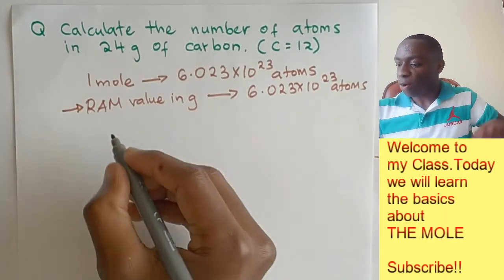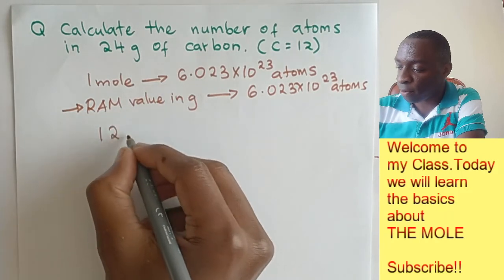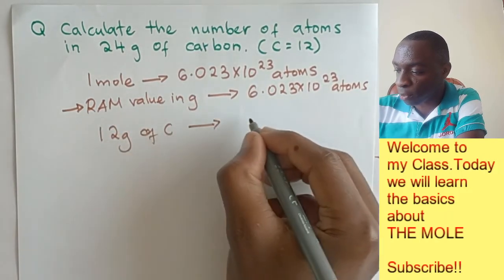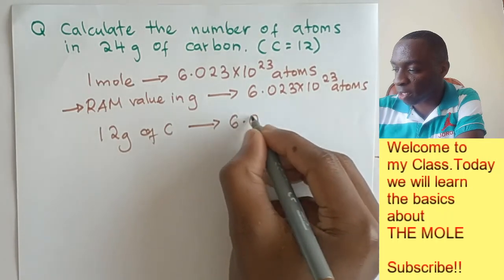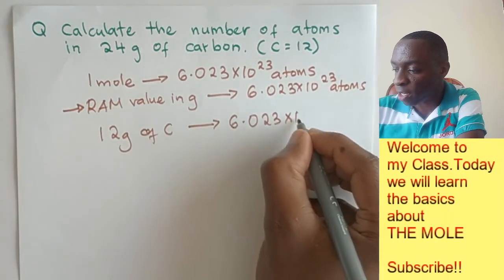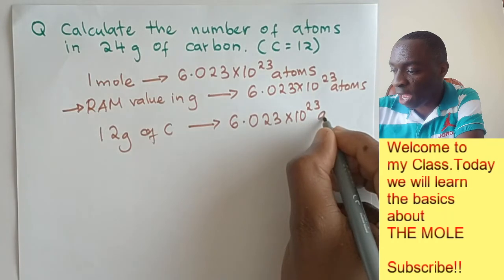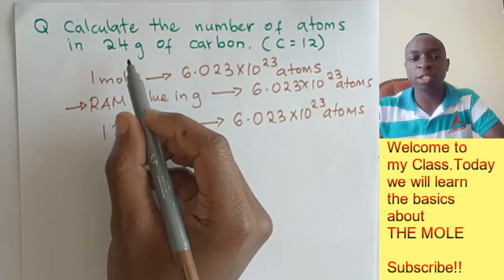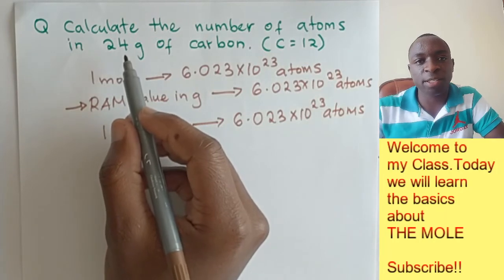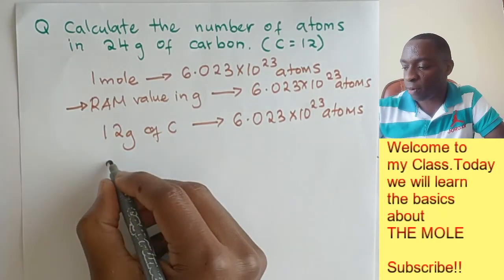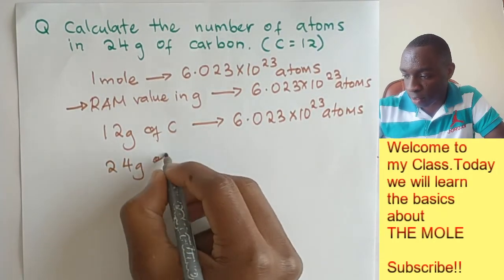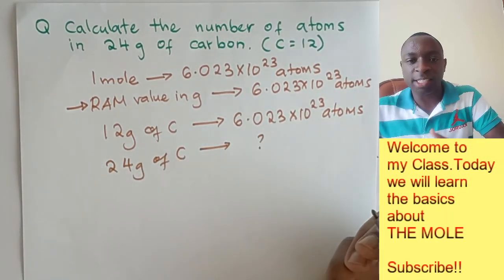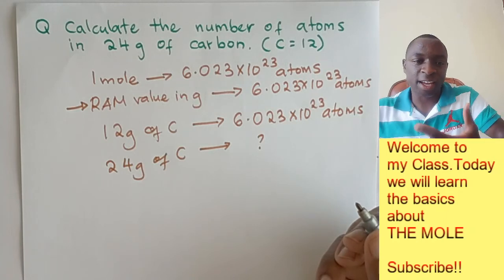So now you'll say that 12 grams of carbon, of course, contain 6.023 times 10 to the power of 23 atoms. So the question is, how about the 24 grams? So here you'll just write it down, 24 grams of carbon. And just like we did before, again, it's another cross multiplication.